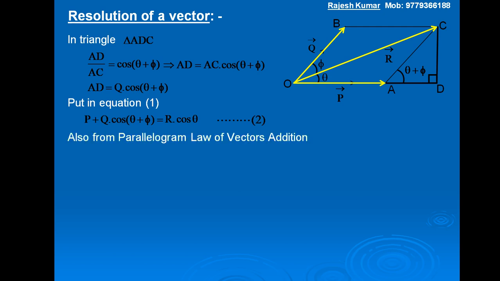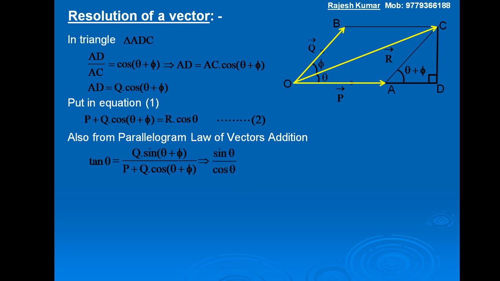Also from the parallelogram law of vector addition, we know that the tan of angle theta, the angle between vector P and vector R, is equal to Q into sine of angle between P vector and Q vector, that is Q into sine of theta plus phi upon P plus Q into cos of theta plus phi.